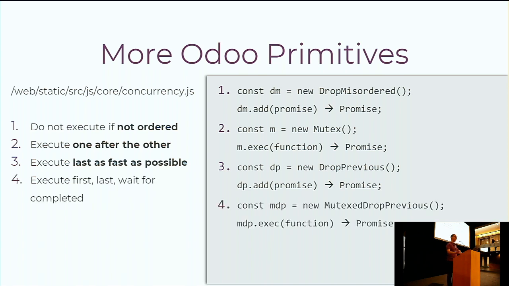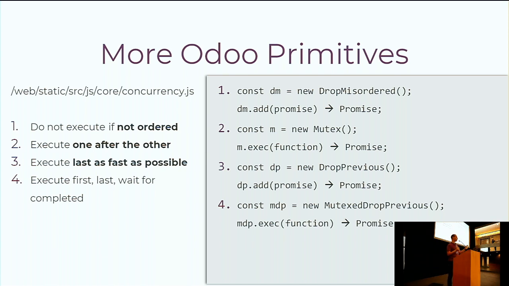Then finally, and that's the most complex word of the day, the last primitive is called mutex drop previews. You have to say it 10 times in your head before you can actually pronounce that correctly. Mutex drop previews, and that's a combination of mutex and drop previews. This is probably the most useful one, because what it does is you will put asynchronous processes in your mutex drop previews.